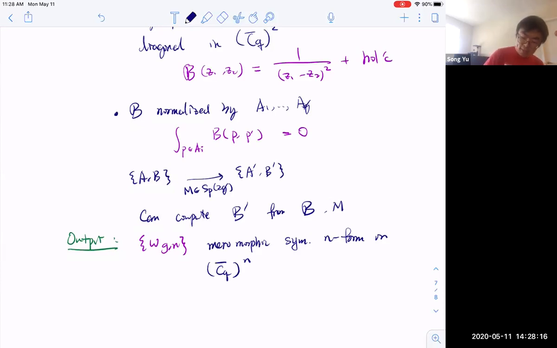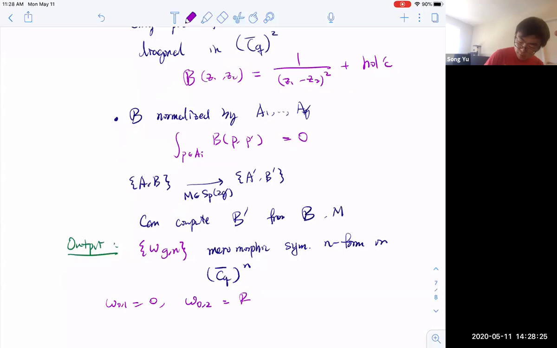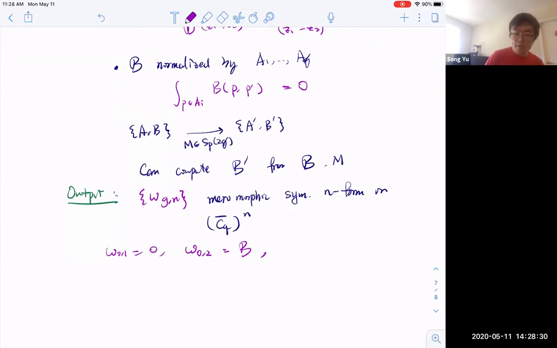You start by taking omega 0,1 to be 0 and omega 0,2 to be just the Bergman kernel. In general, the higher omegas, omega G,n, will be obtained by a recursive formula from either lower G or lower n. So this construction only depends on the choice of your Liouville form phi and the choice of Bergman kernel B.